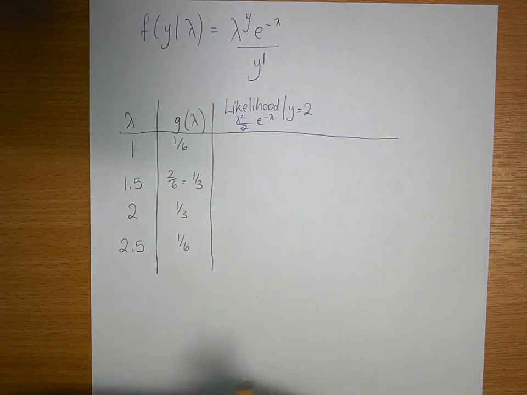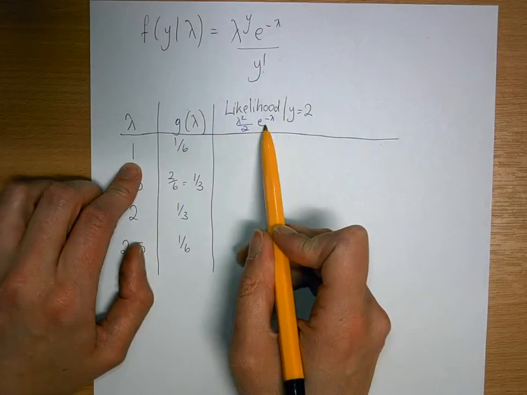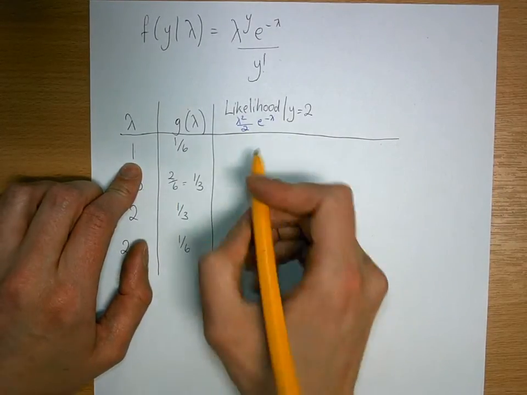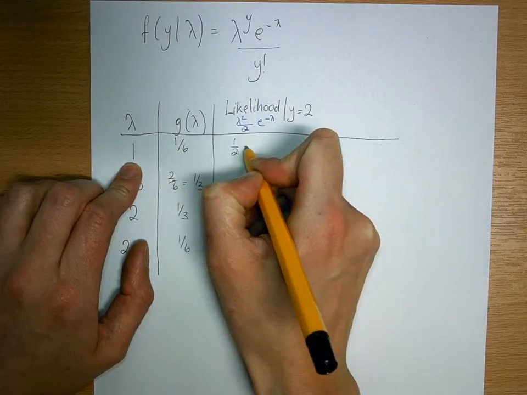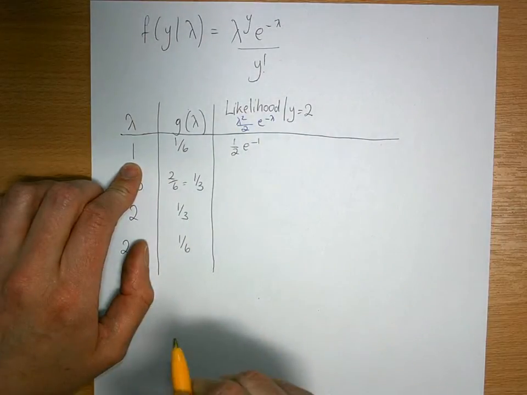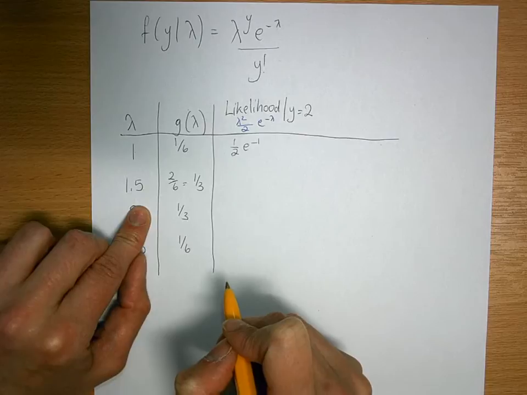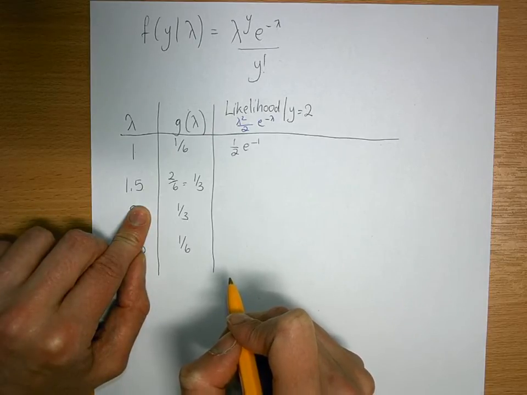So we get lambda equals 1 into this equation here. So we get a half e to the minus 1. Lambda is 1.5 into this.